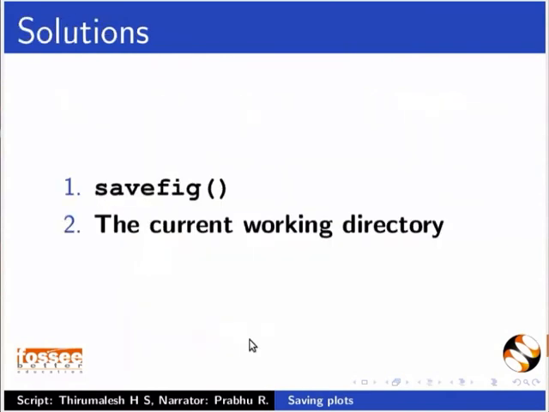And the answers are: to save a plot, we use the savefig function. If we save a file without complete path, it gets saved in the current working directory.